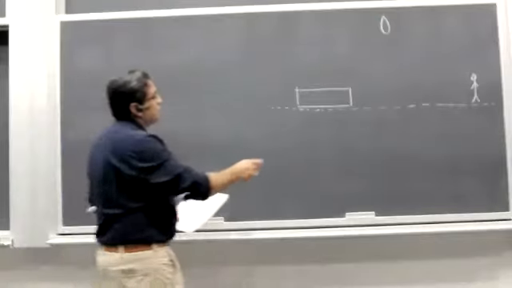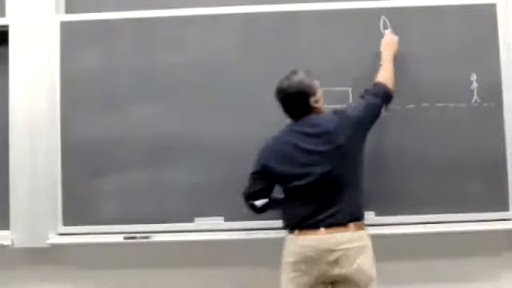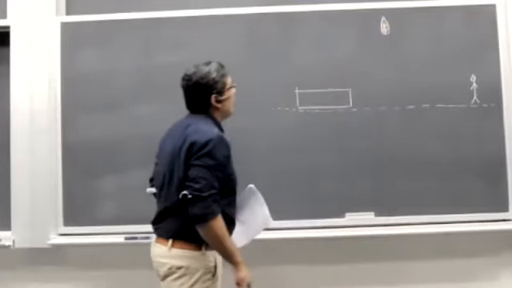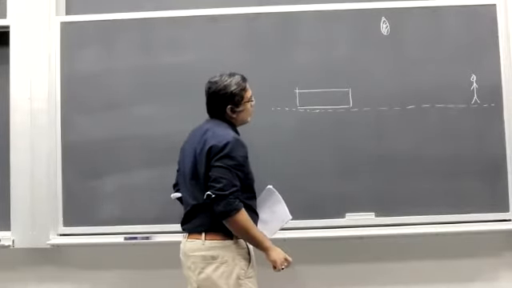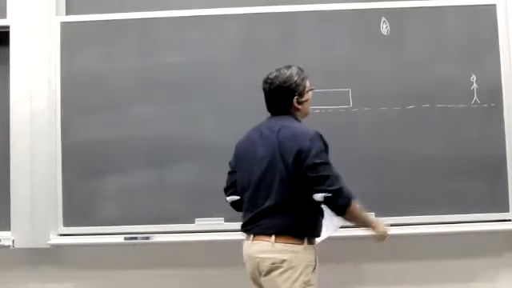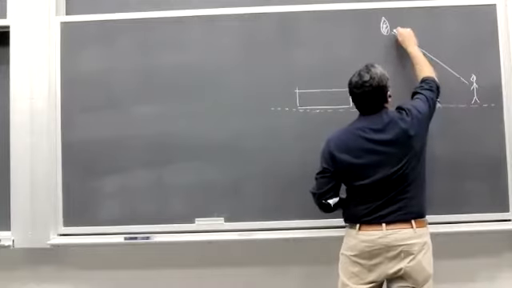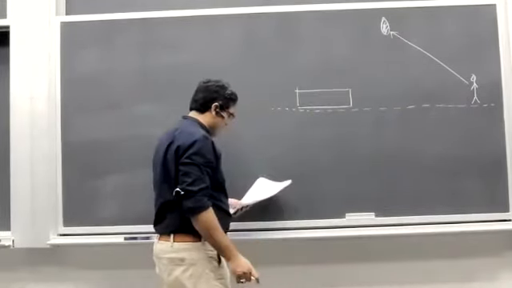All right, so we have a rain droplet, and it's free falling, and then we have an observer who is standing here, looking at this droplet and measuring its speed or velocity.